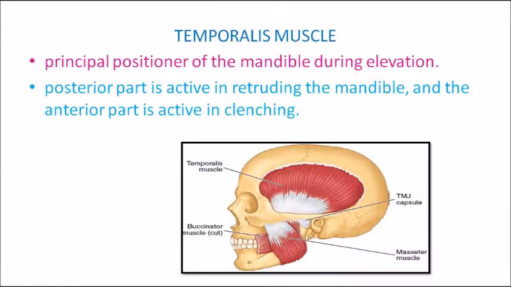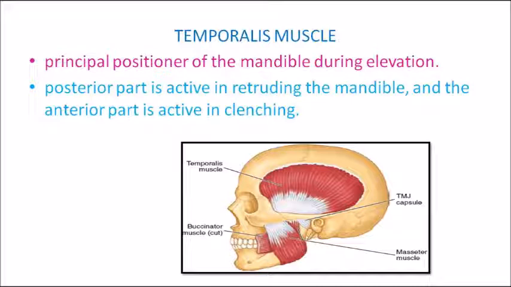Now, the temporalis muscle. An important point about the temporalis muscle is that it is the principal positioner of the mandible during elevation. We have already seen in the previous slide that the medial pterygoid muscle is associated with elevation as well as lateral positioning of the mandible, but the principal muscle associated with elevation is your temporalis muscle.